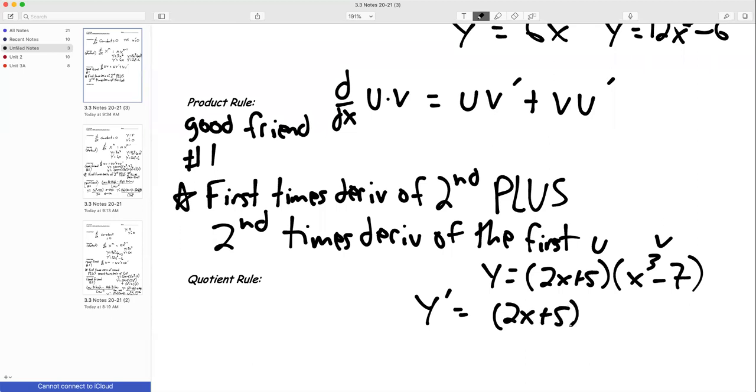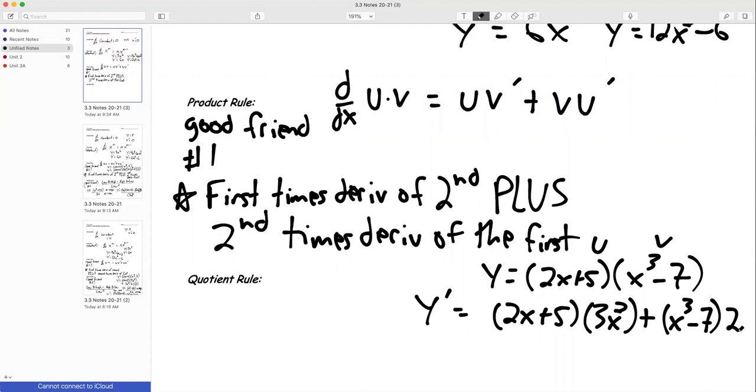So what's the derivative of x cubed minus 7? 3x squared, plus second term, which is x cubed minus 7, times the derivative of the first term, which is 2. First times the derivative of the second plus second times the derivative of the first.